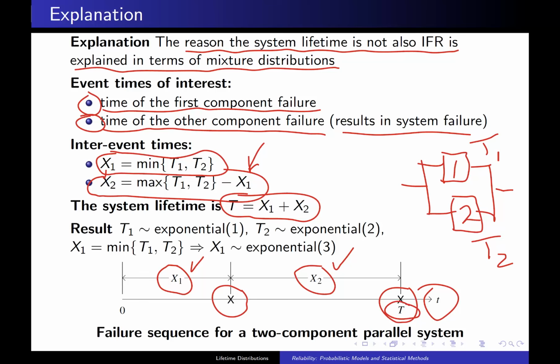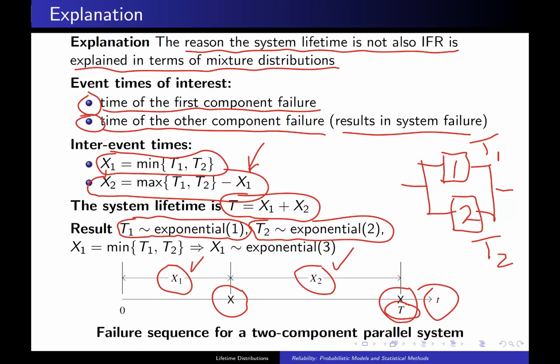So here are a couple of results. First of all, we know from the setup from the previous page that t1 is exponentially distributed with a failure rate of 1. We also know t2 is exponentially distributed with a failure rate of 2.